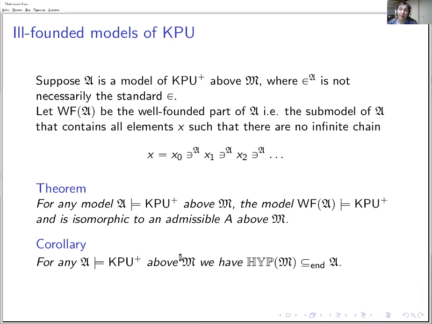What's interesting is that this well-founded part is always a model of KPU. The non-trivial axiom to check is the axiom of Sigma 1 collection. All the other axioms are more or less straightforward to show. The axiom of foundation holds automatically in all well-founded models, so it's a non-issue as well.